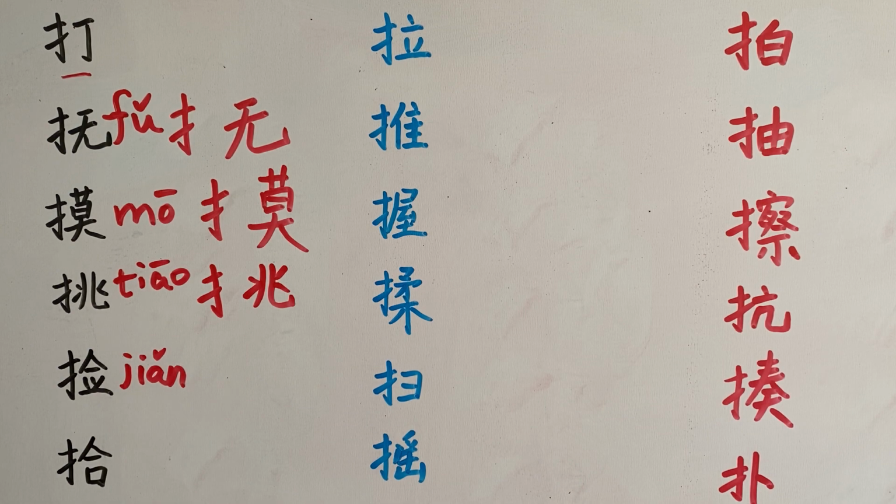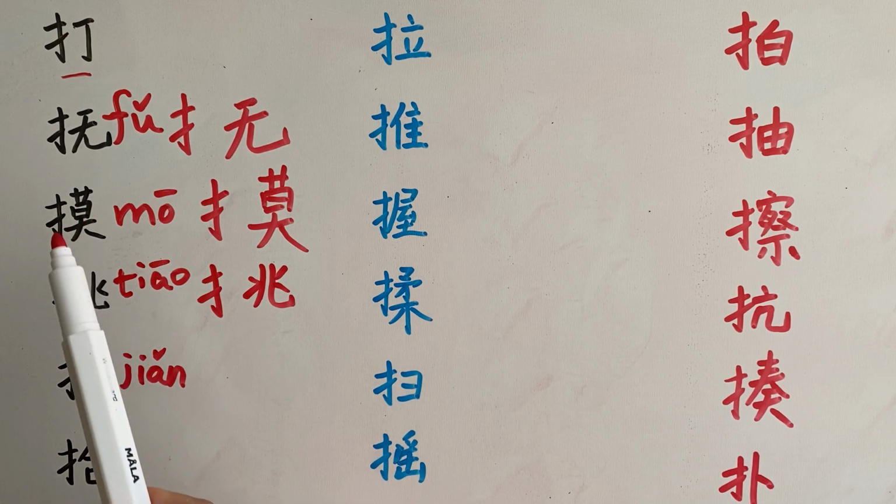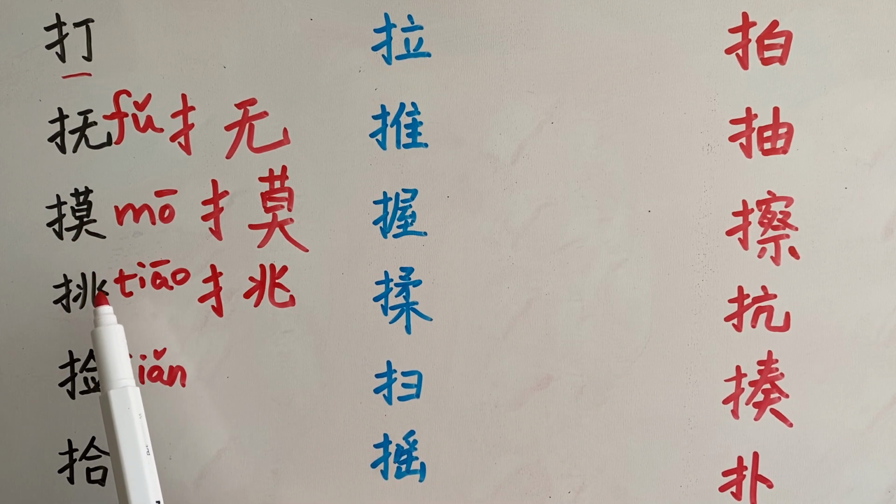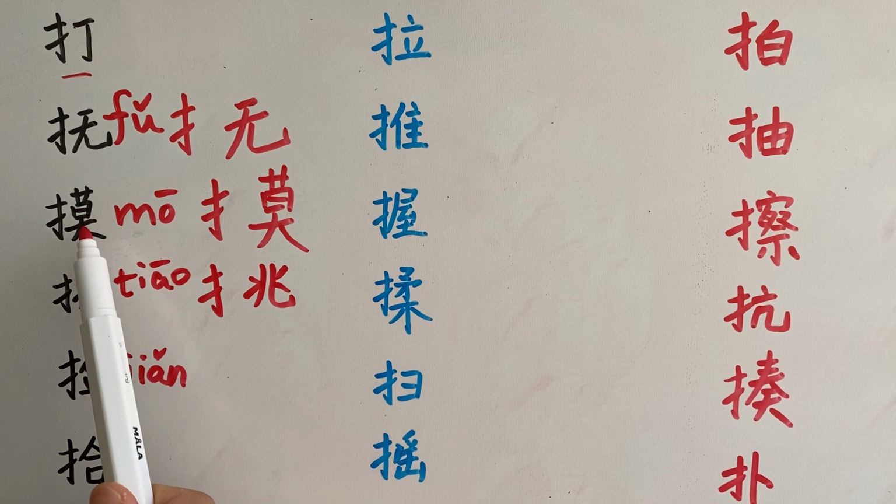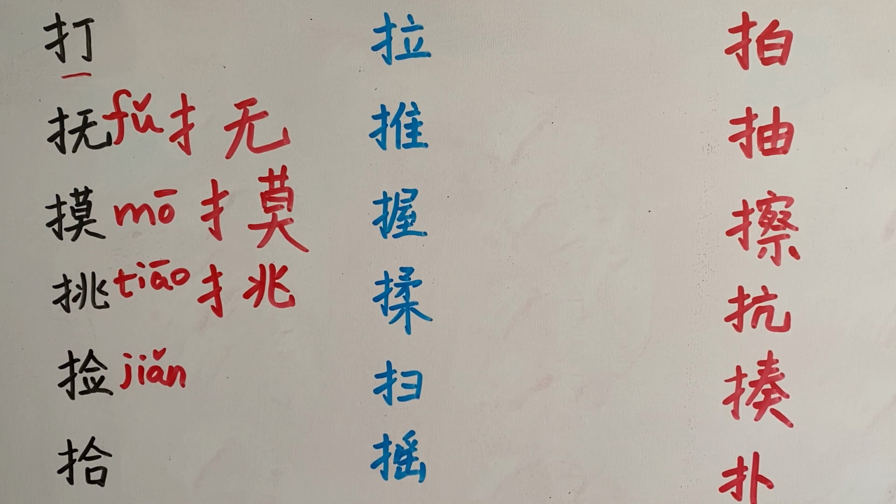But you cannot form 摸挑. That is incorrect. We don't say that.